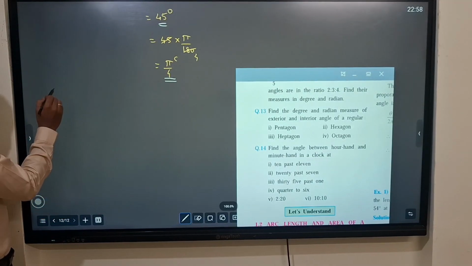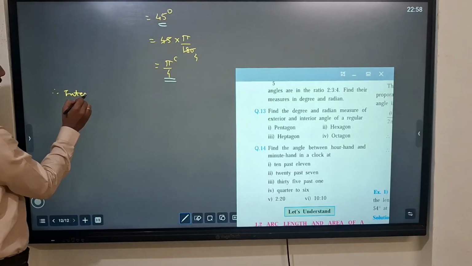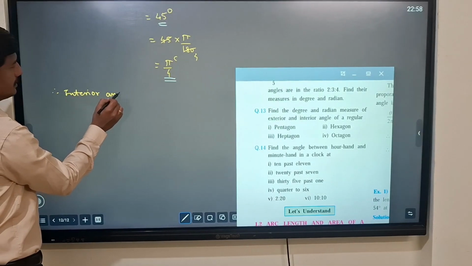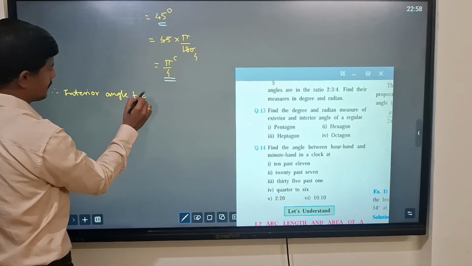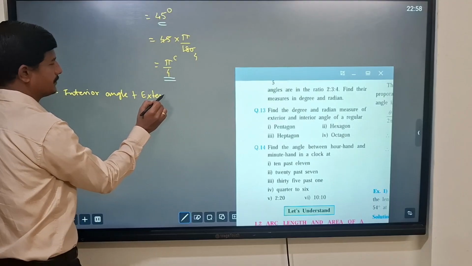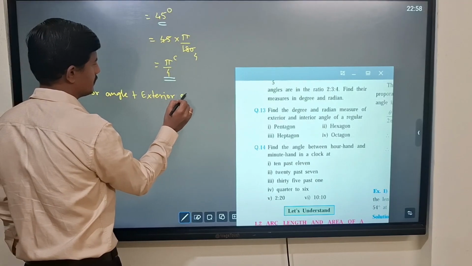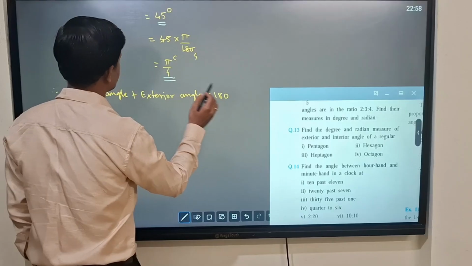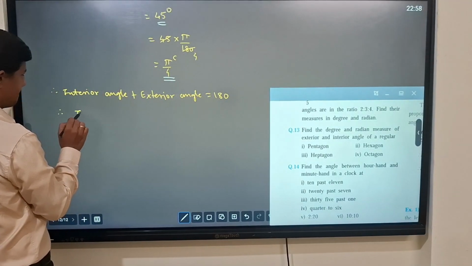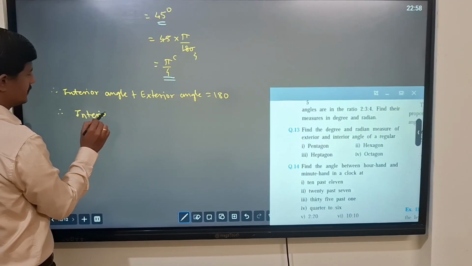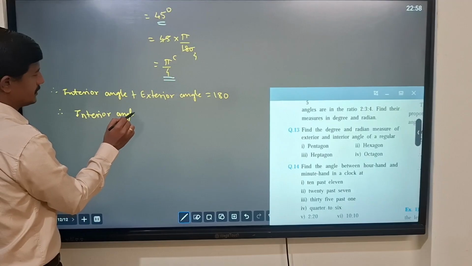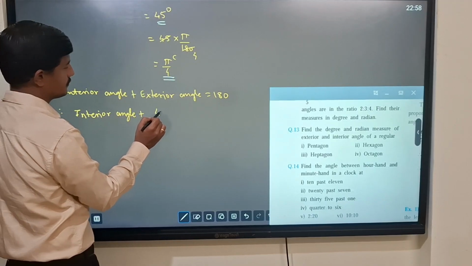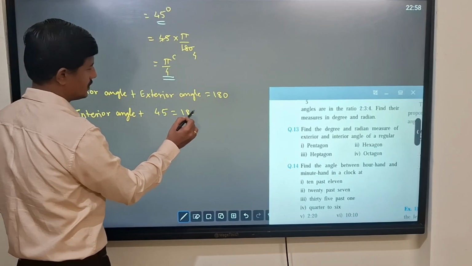Now interior angle plus exterior angle is equal to 180. Therefore, interior angle plus exterior angle, that is 45 degrees, is 180.